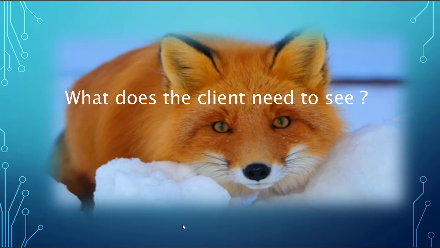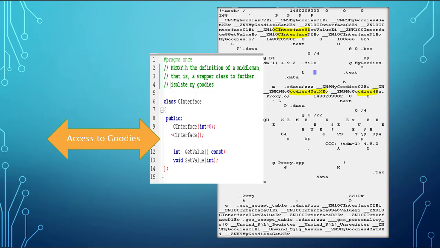So what does the client actually see? Here's your library, and you can notice it now includes the C interface, and my goodies are here. But instead of me going directly to this part of the code, I will go up to this part of the code and then move down.